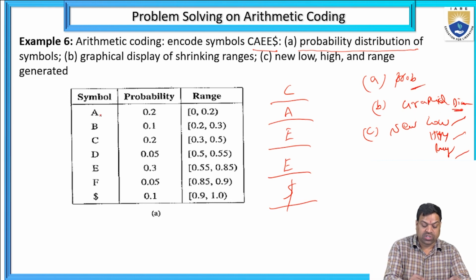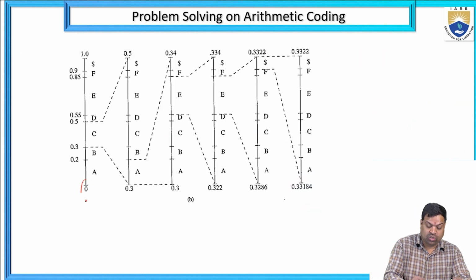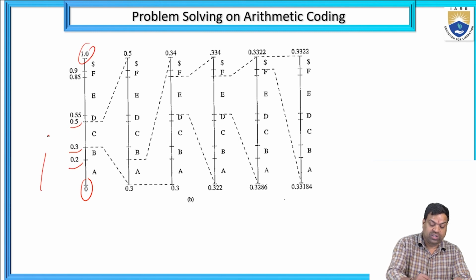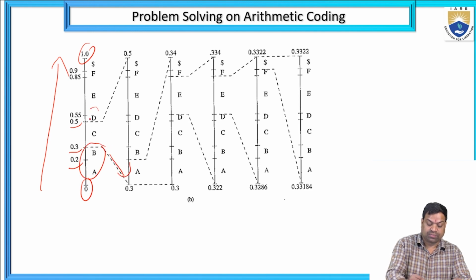But here, how many symbols are there? 1, 2, 3, 4, 5, 6, 7 are there. So probabilities are also there, and they gave the ranges. First, the probability distribution. I am taking from 0 to 1. What are the ranges? 0.3, in decreasing to increasing order. First dividing into 2, another 2, another 3. Then one is divided and another one.